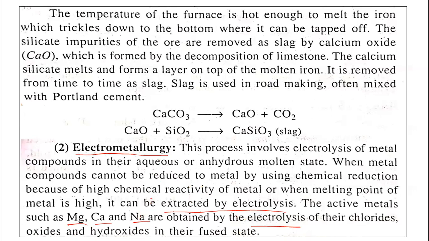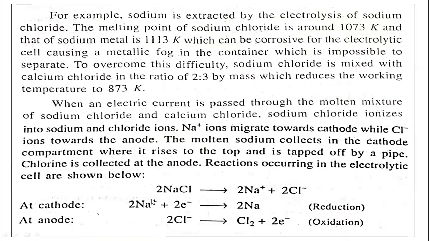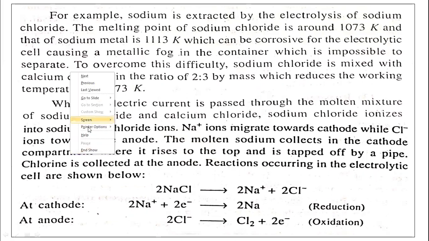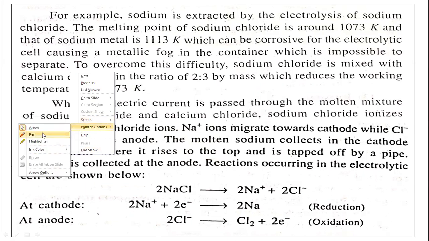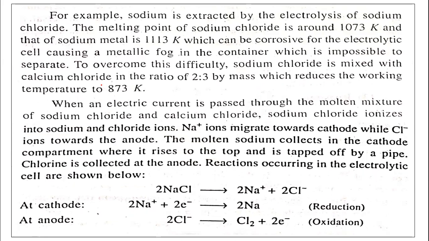Okay. So let us see an example here. Sodium metal is extracted by electrolysis of sodium chloride. The melting point of sodium chloride is around 1073 Kelvin, and that of sodium metal is 1113 Kelvin.